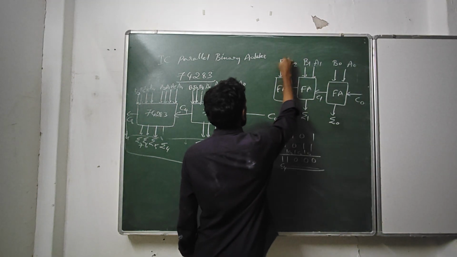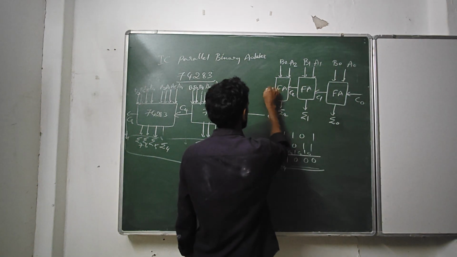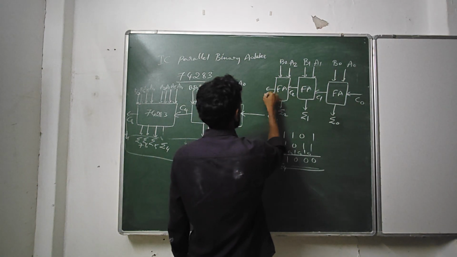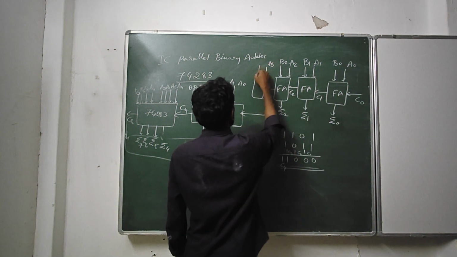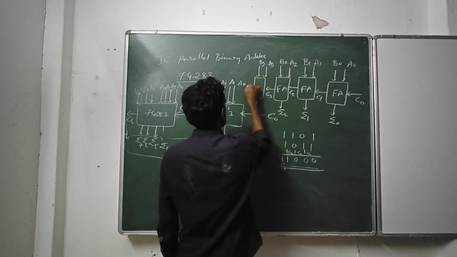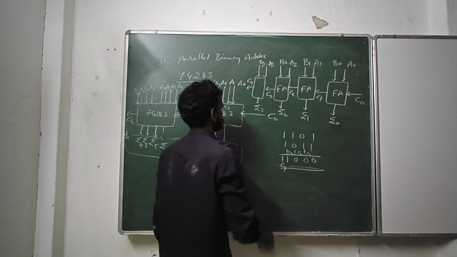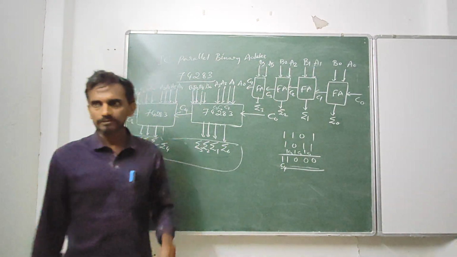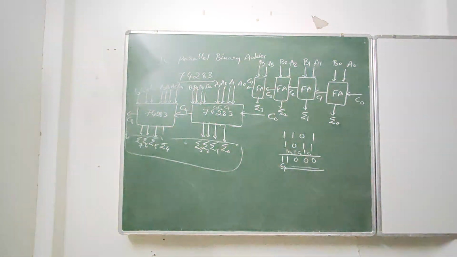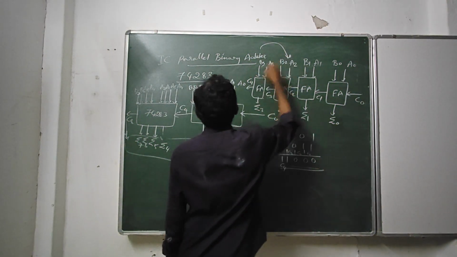A2 and B2, sigma 2, C3, A3 and B3, C4 is output and sigma 3 is the output. So this is the configuration of parallel binary adder.